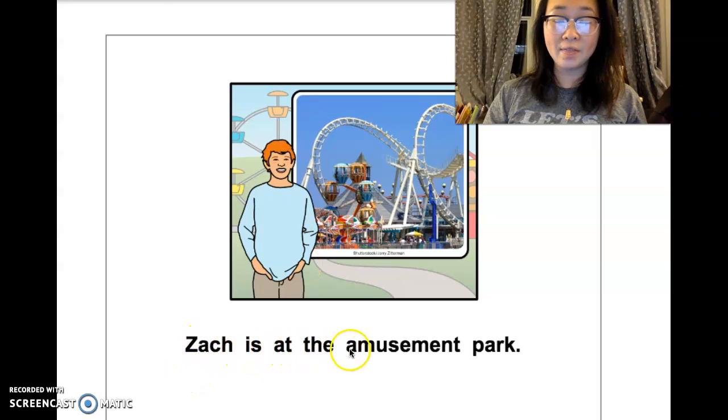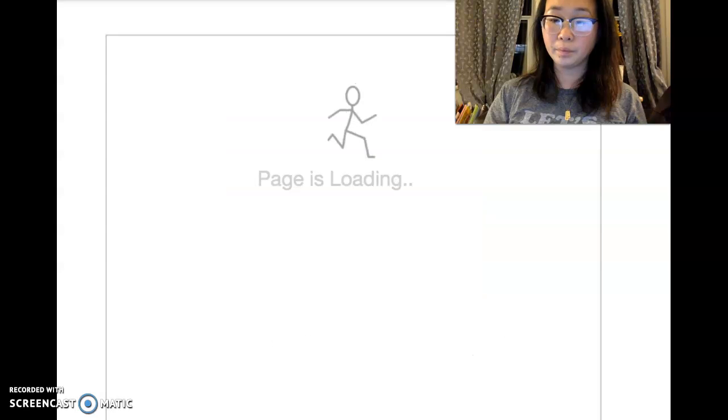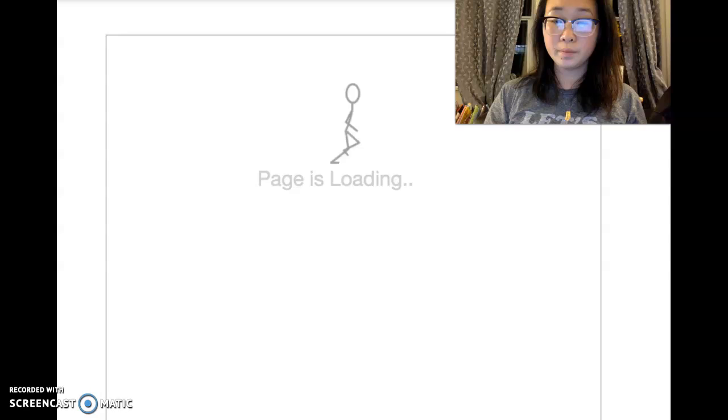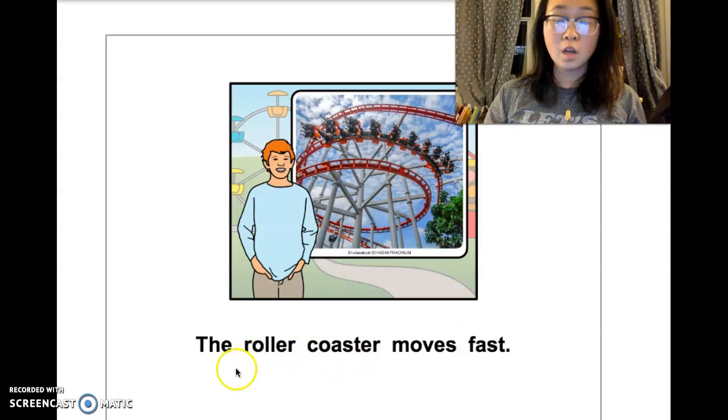Zach is at the amusement park. So this must be Zach. The merry-go-round moves slowly. The roller coaster moves fast.